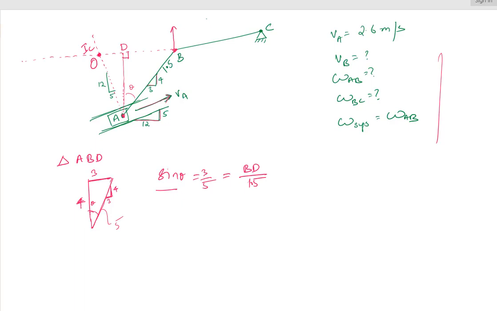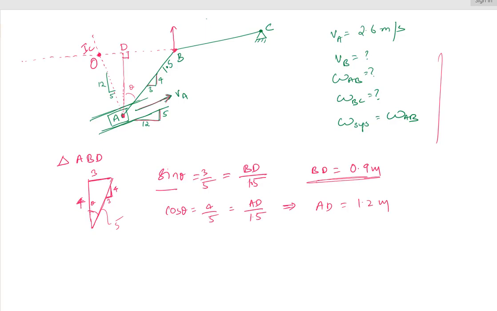From this you can find BD, which is equal to 0.9 meters. Similarly, cosine theta is 4/5, which is equal to AD over 1.5. That means AD is equal to 1.2 meters. So we have AD and BD. BD will be useful for us in finding OB.